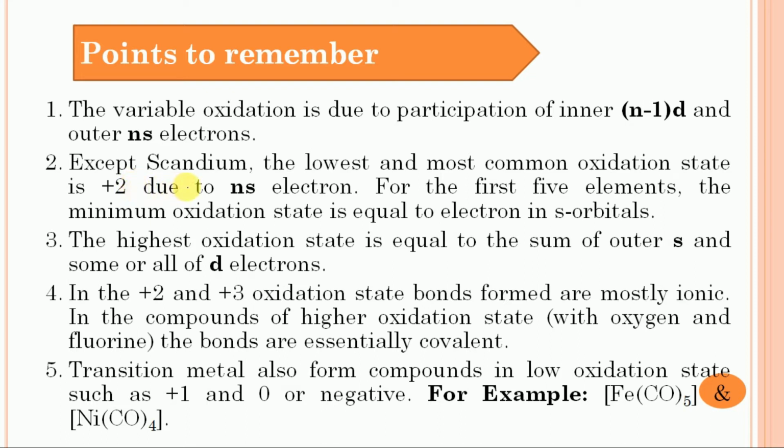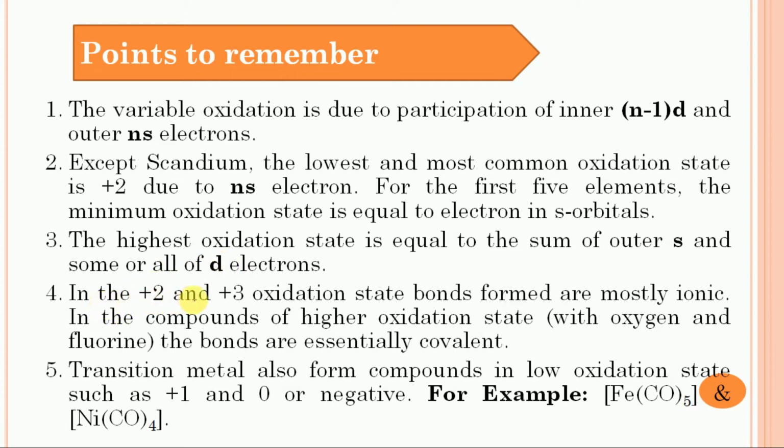It is due to the participation of ns electrons. For the first 5 elements up to manganese, the minimum oxidation state is equal to the electrons in the s orbital. The highest oxidation state is equal to the sum of outer s and some or all of the d electrons.